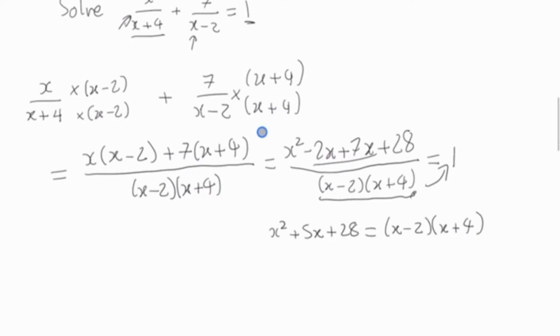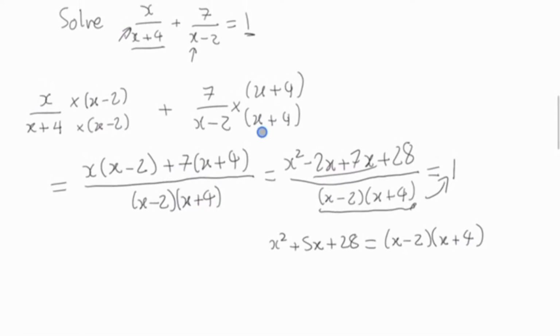So now what we do is we expand this. So on this side we have x squared plus 5x plus 28, and then here we have x squared plus 2x minus 8. So now what we need to do is just bring over our symbols to one side.